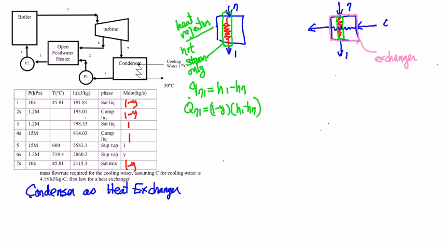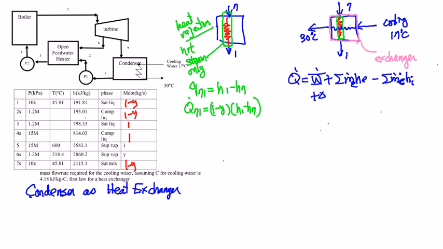So we have cooling water coming in at 17 degrees C, leaving at 30 degrees C. If I look at the first law for this pink control volume, at steady state, steady flow, as before, we can drop the potential and kinetic energy.